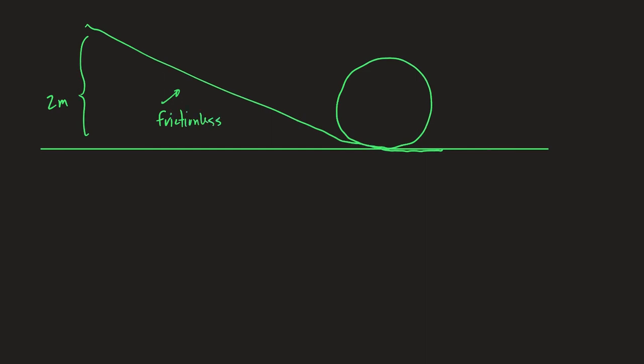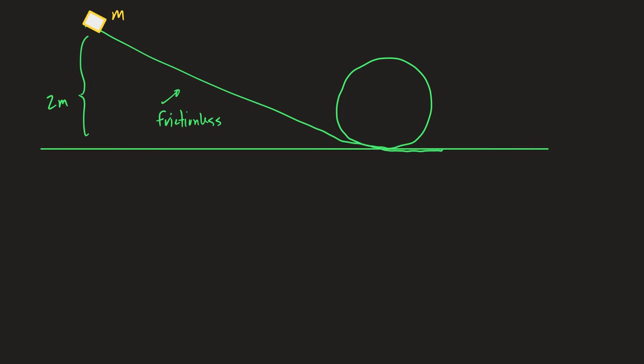And you put a box on the track. So there's our box, mass M, just chilling on the track, okay?